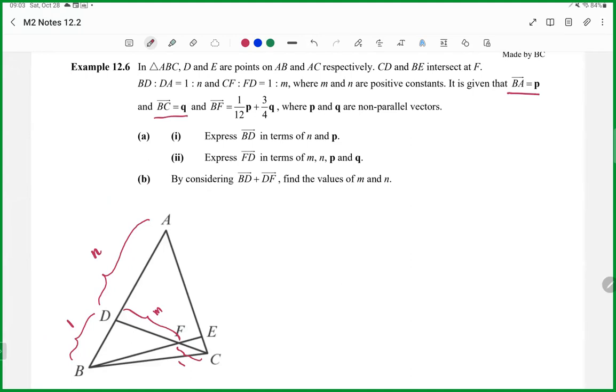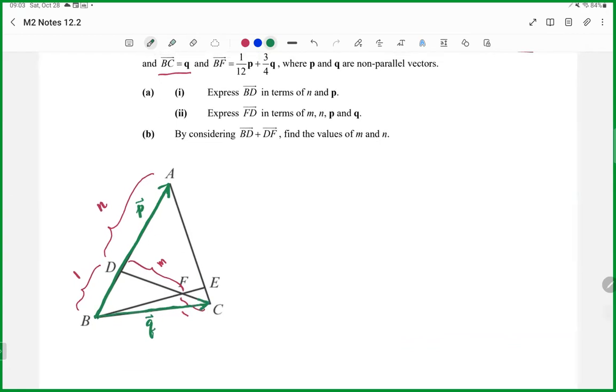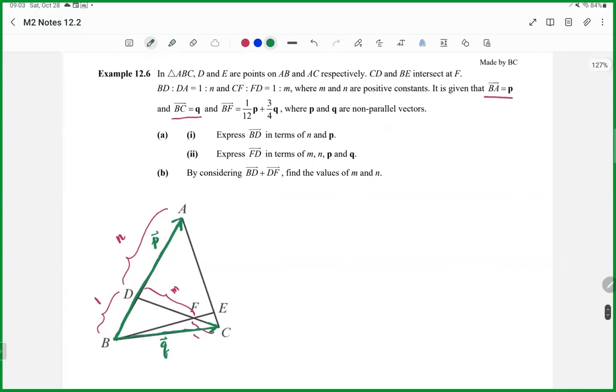P and Q. BA is P, BC is Q. I need to highlight them. BA is P, BC is Q. And also, BF is given.